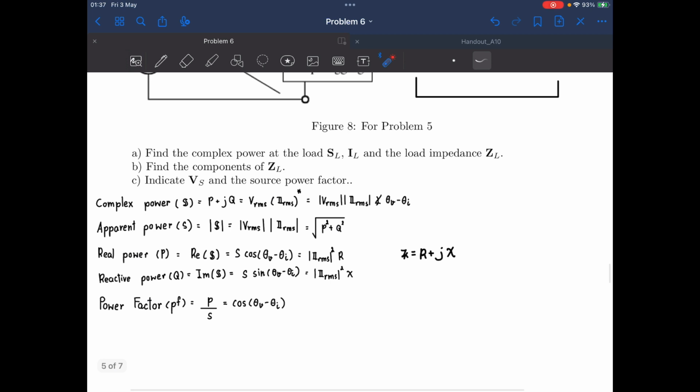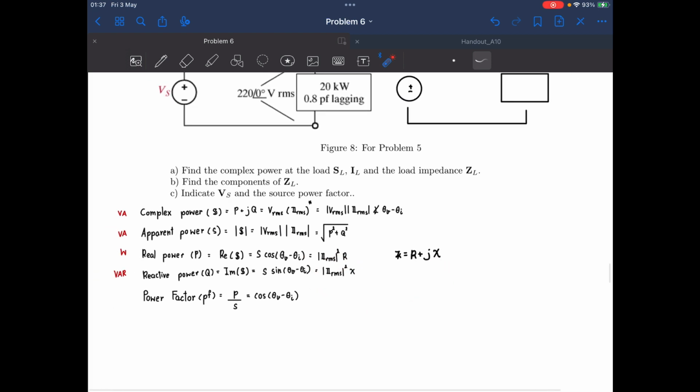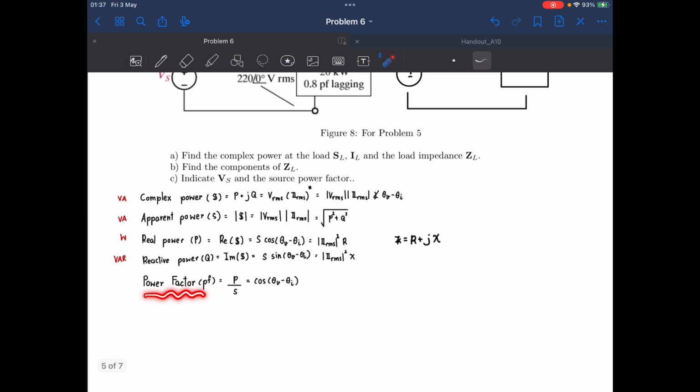This is the power from the real part, and this is the power from the imaginary part. And this is the power factor, which is the cosine of theta V minus theta I.